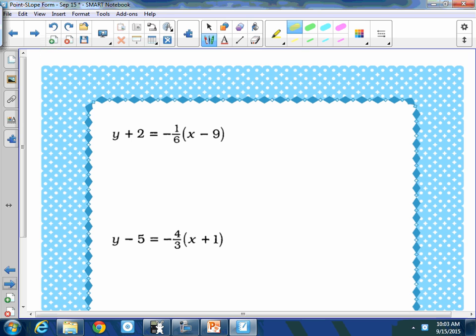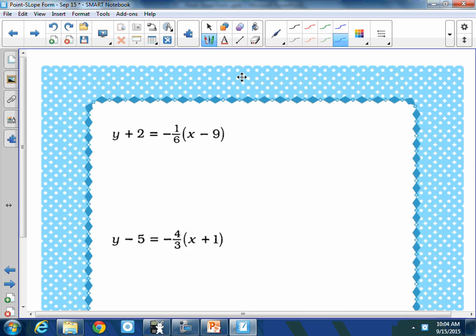Alright, what about this one? In this one, I give you the equation in the form slope and point, and I want the slope, and I want the equation of the line in slope-intercept form. So what I'm going to do is I'm going to solve this.